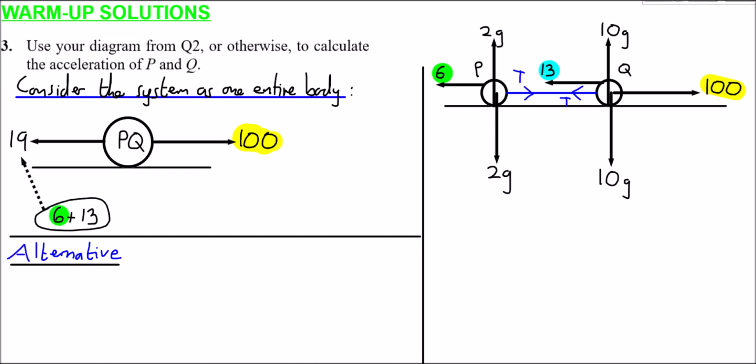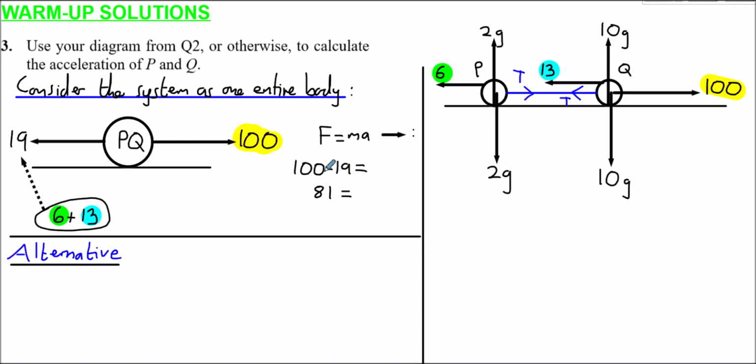We can now apply F equals ma horizontally, in the direction to the right. The overall force going to the right is this 100 minus this 19. Essentially it's 81 overall going to the right. I'll write that underneath. I'm just going to simplify it all in a moment.